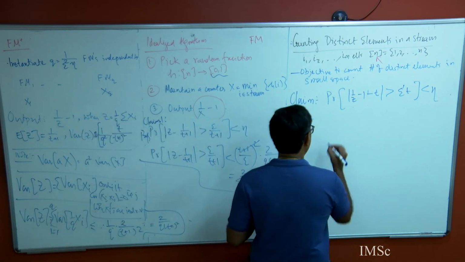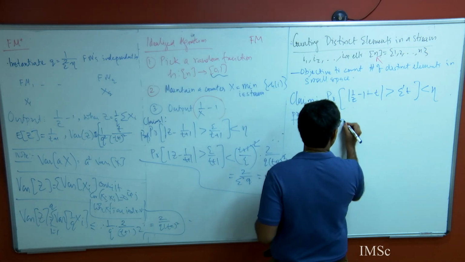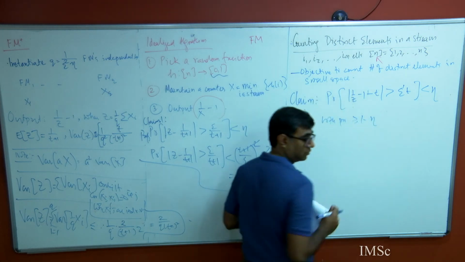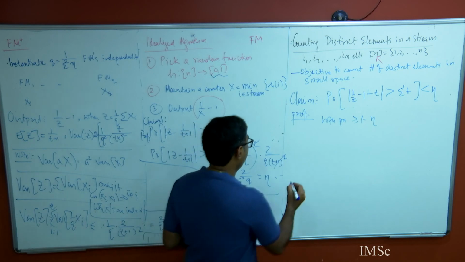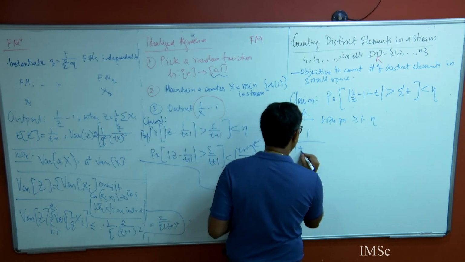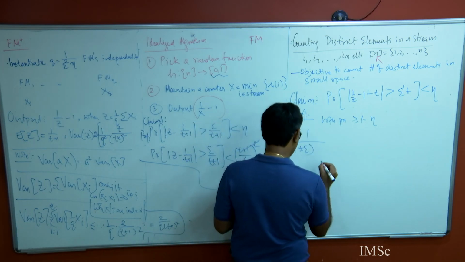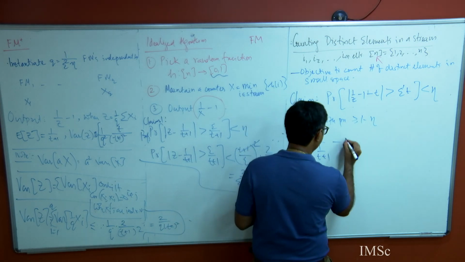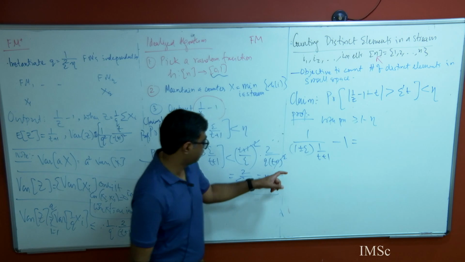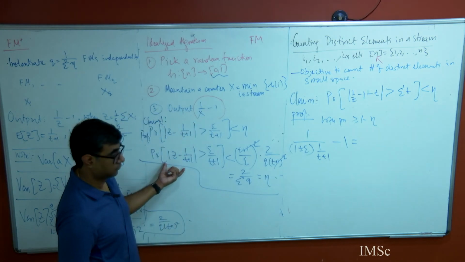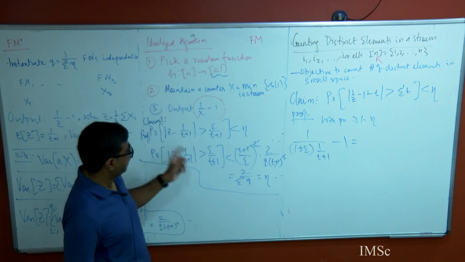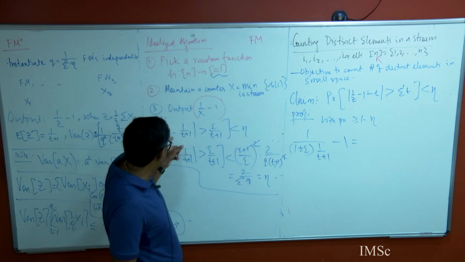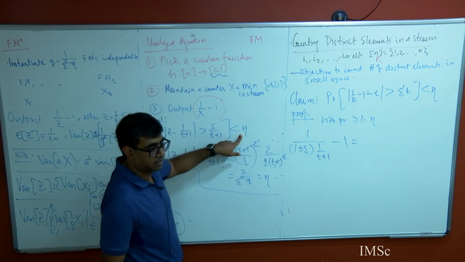That with probability at least 1 minus eta, what is true? 1 by 1 plus minus epsilon times 1 over t plus 1, minus 1 is equal to something. This is what we know from here. We showed that this quantity is more than this with probability less than eta.